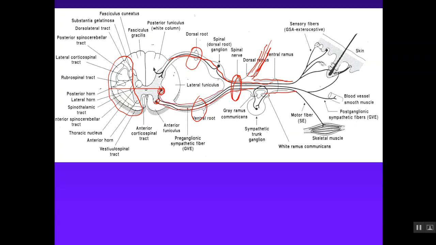It comes in through this white ramus first, makes a synapse, may go up or down a few segments, but it makes a synapse in the sympathetic trunk ganglion and then exits out through this gray ramus, before it then goes back either into the ventral ramus or dorsal ramus to go supply the front or back of the body. So just a little easier to see all that in one shot. Okay.